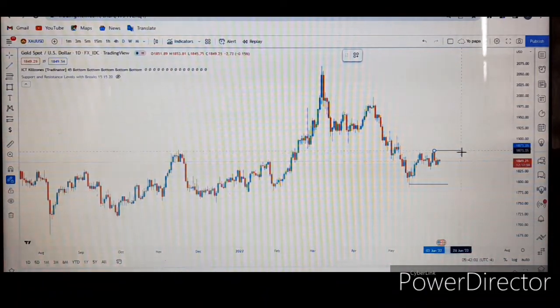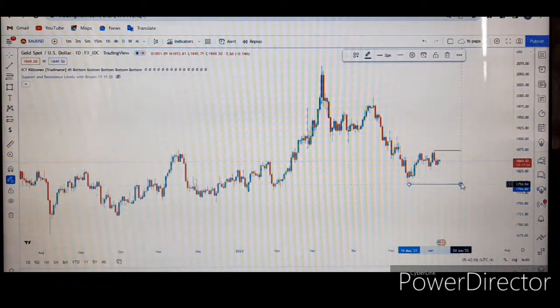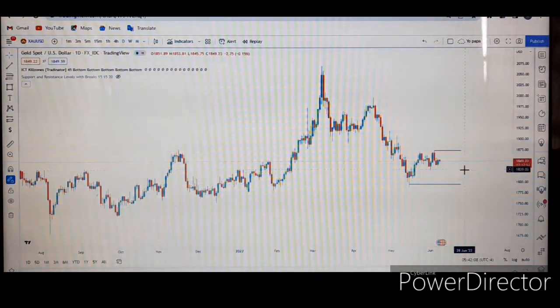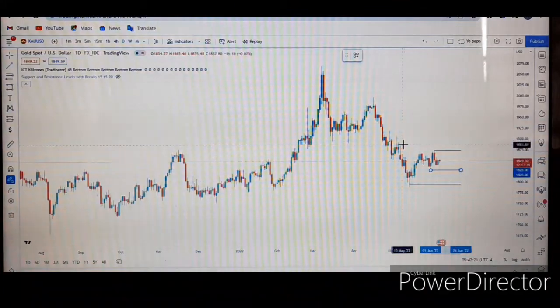Remember, we're looking at the recent highs and lows that the market hasn't yet retested. There is that high and this low, and we also have this low, not yet retested. And we have this high, this and this. They are relatively equal highs, so we can take from here.